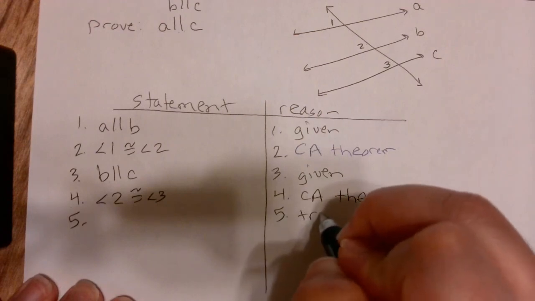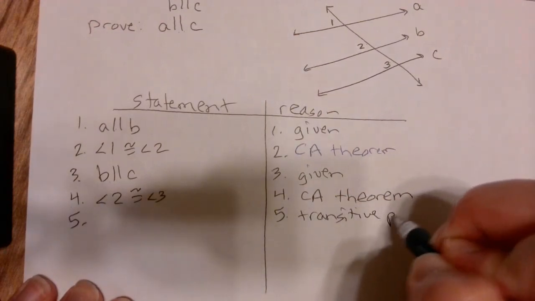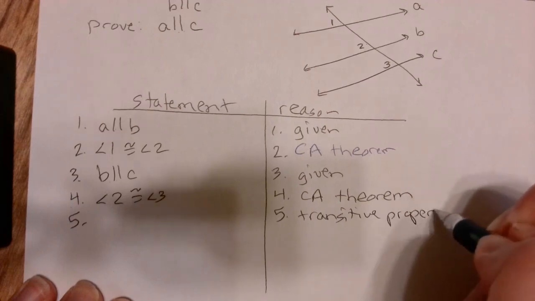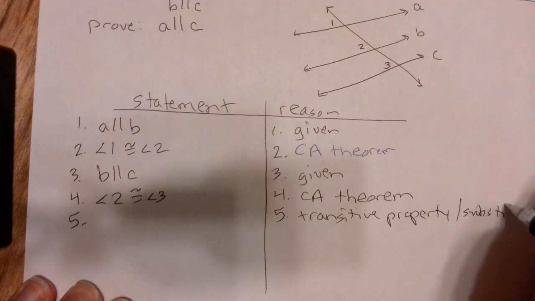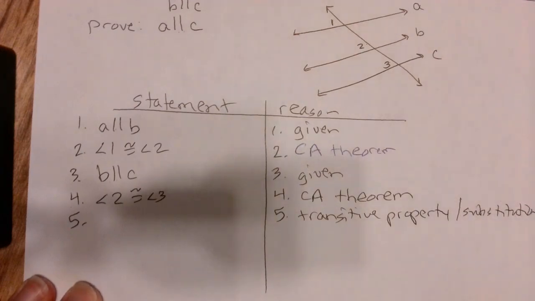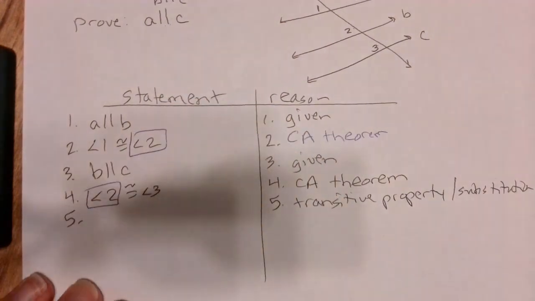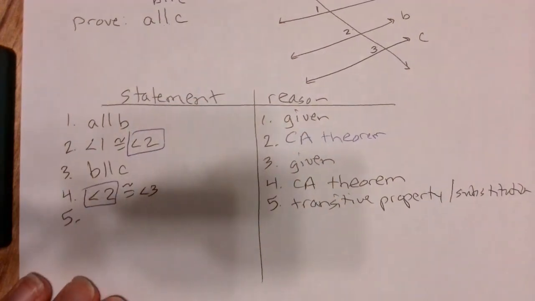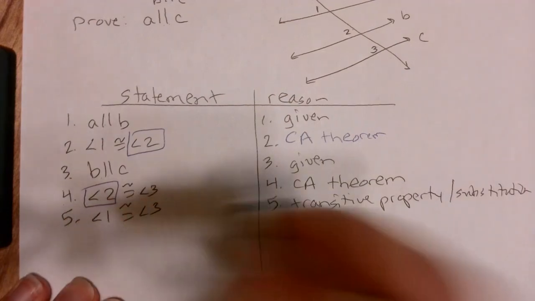We can use the transitive property or substitution again and remove the part that doubles, which means angle 1 is congruent to angle 3.